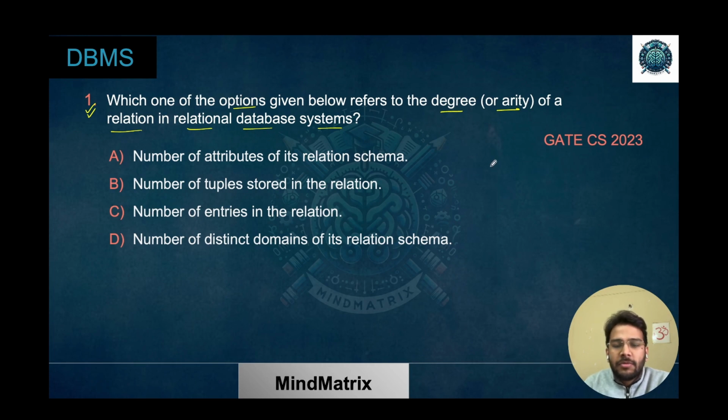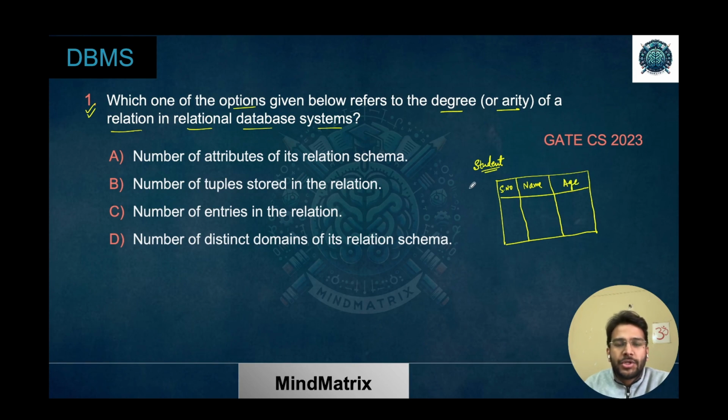So we have a relation, let me just give you some more clarity here. Let's say we have a relation named student. In RDBMS, a relation is nothing but a table. And in that table, let's say we have the student ID or student number, and apart from that, we have a student name, and let's say student age also.